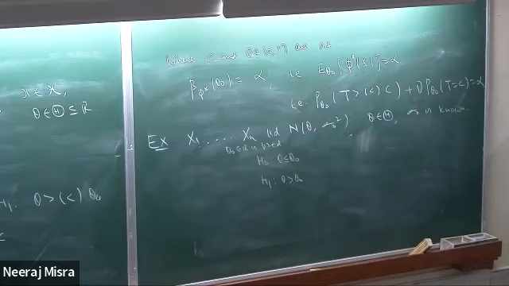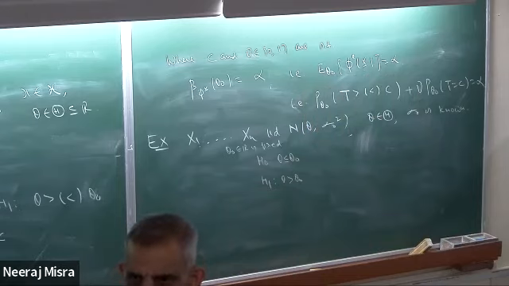Now this normal belongs to the exponential family. What is the eta theta over here? We have seen last time, theta by sigma naught square, or m theta by sigma naught square, whatever, because you can play around.